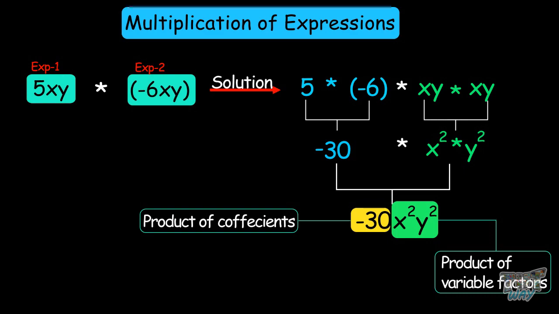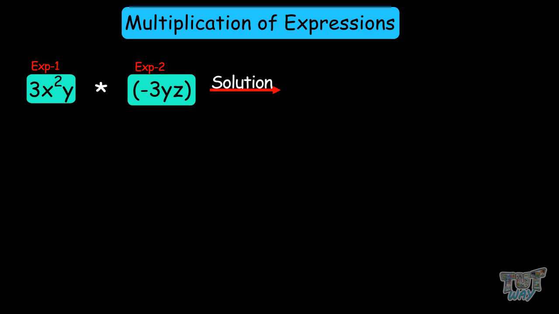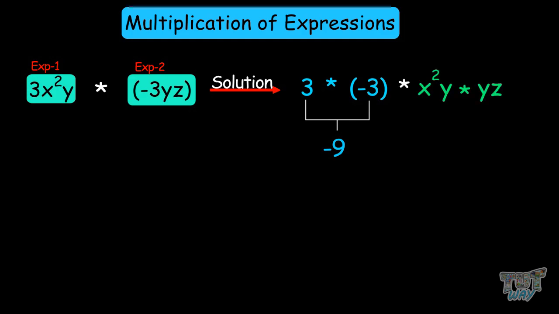Next, we have to multiply two monomials again. We have 3x squared y times negative 3yz. So again, we have to multiply coefficients first, and then we have to multiply the variables. So 3 times negative 3 becomes negative 9.